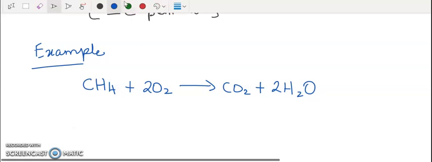So okay, I'm going to take this compound first. Because there is only one carbon, I'll show one carbon, and there are four hydrogens. So one is going to be this side, one is going to be this side, one is going to be this side, the other one is going to be this side.